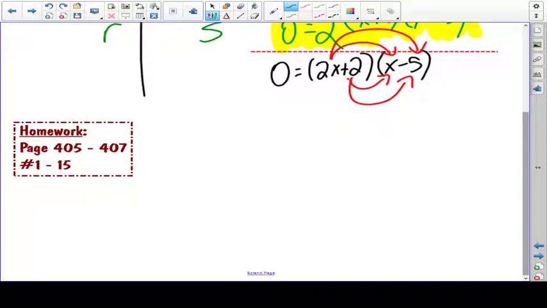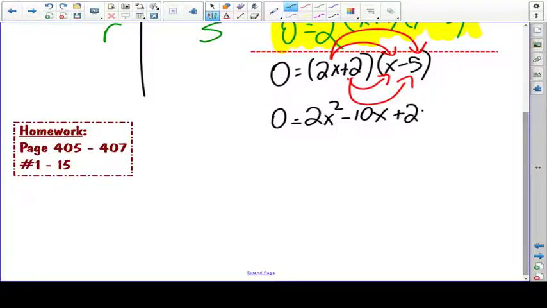2x times x is 2x squared. 2x times negative 5 is negative 10x. 2 times x is positive 2x. 2 times negative 5 is negative 10. Then we simplify the middle 2 terms, and that gives us negative 8x in the middle.